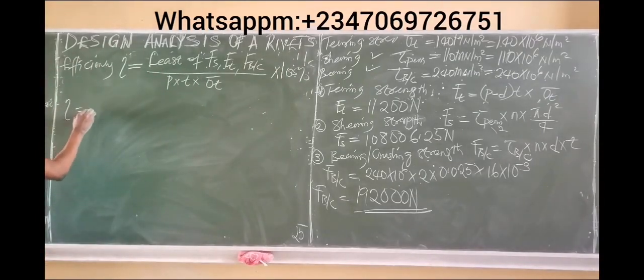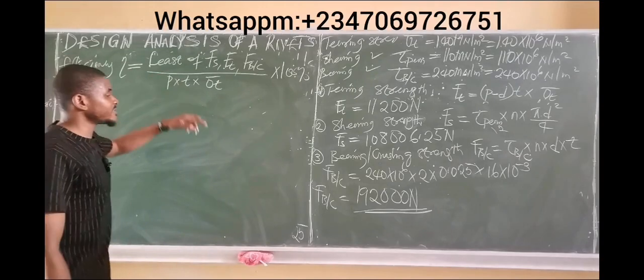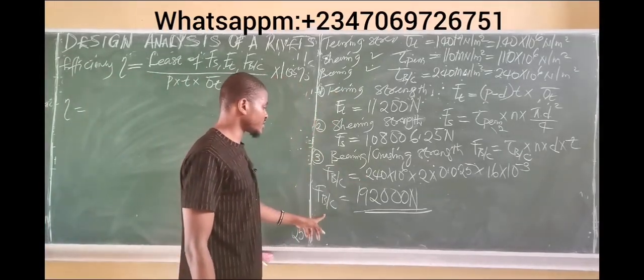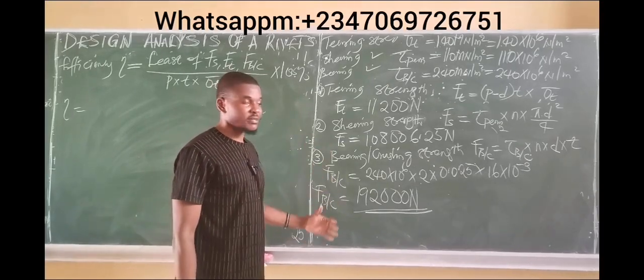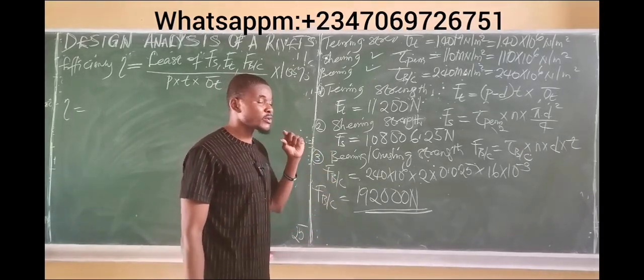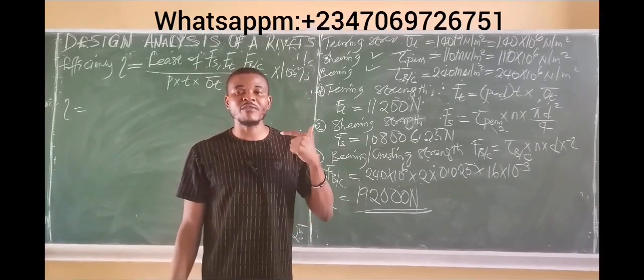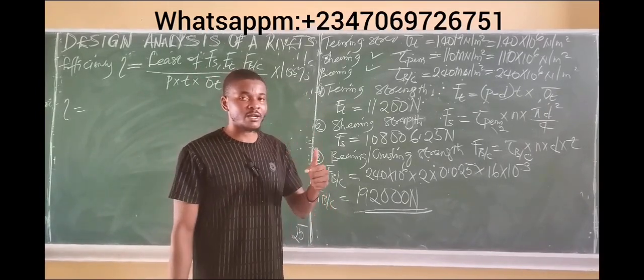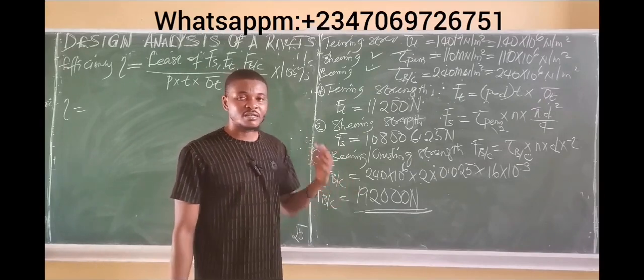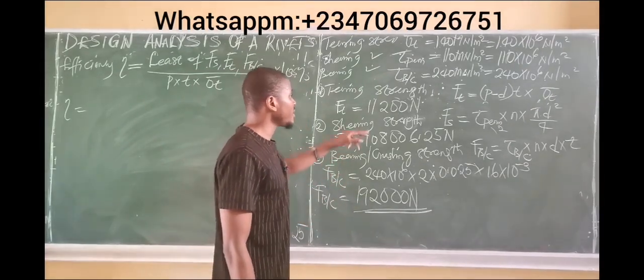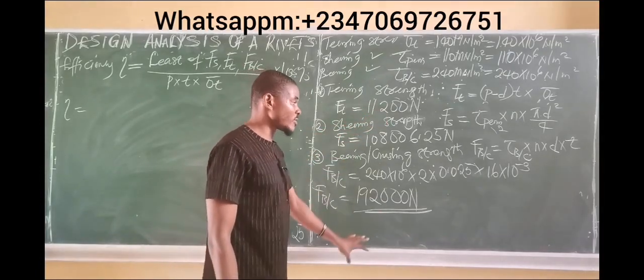So efficiency is equal to, you have to compare the results for Ft, Fx, and Fb over C, and the least, the smallest number among them, becomes the strength of the rivet. I said that in the previous video. The strength of every rivet is the least possible value between the tearing strength, the crushing strength, and the shearing strength. So if you look at these numbers now, 11,200 is the least among the three.